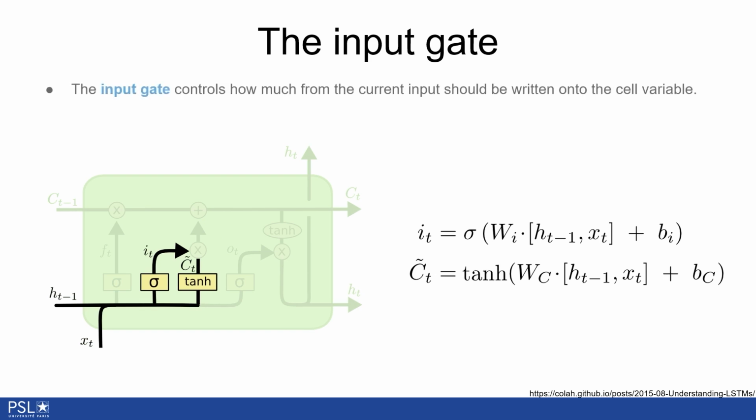Similarly, the input gate controls how much information from the current input xt will enter the cell variable. If the state of the input gate is 0, then the input of the current time step xt will be completely ignored. If it's 1, then it will fully affect the cell state.